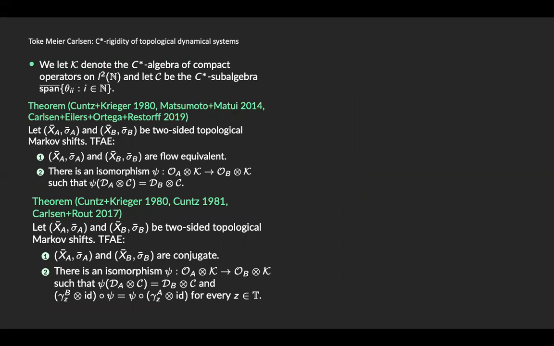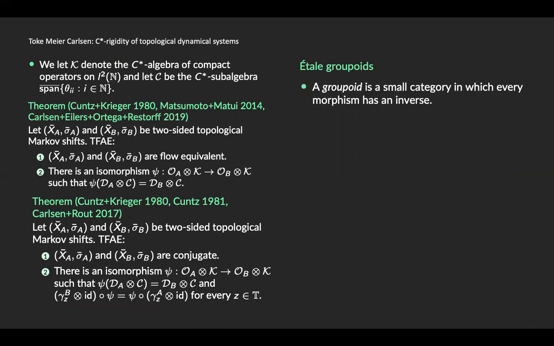I don't know if maybe you're all familiar with groupoids, but here's a crash course in étale groupoids. A groupoid is a small category in which every morphism has an inverse. You can also think of it as a generalization of both a group and of a space. And a topological groupoid is then a groupoid with a topology such that composition and the inverse operation are continuous.